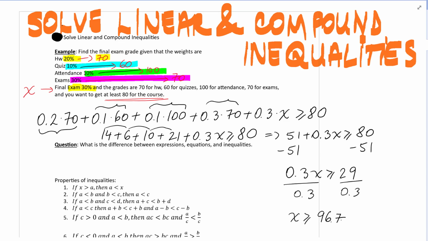So if you get exactly 96.7, you're going to get exactly 80 for the course. And doing this example, you are actually learning how to calculate your final grade, looking at different scenarios for a course that has the final grade weighted.